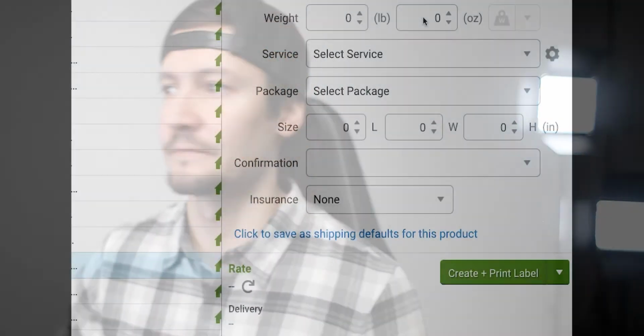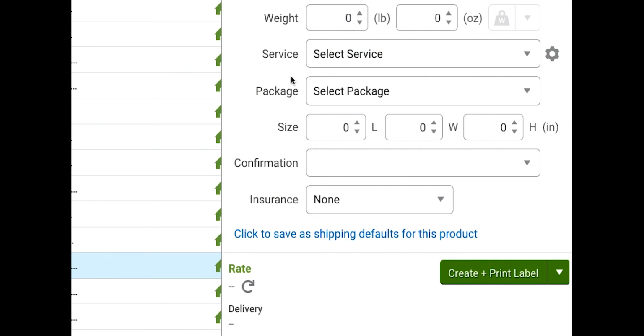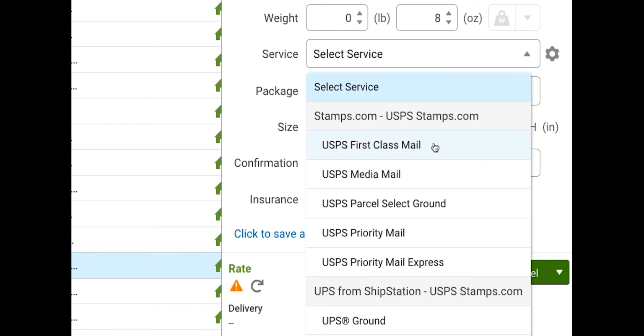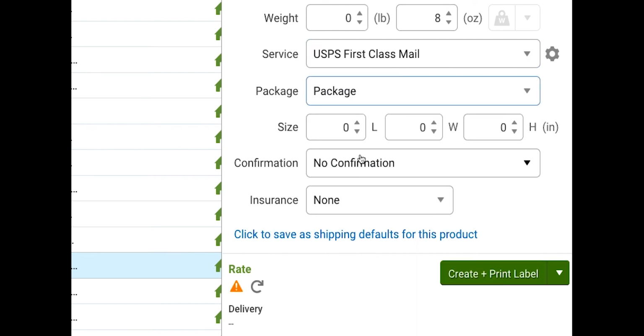So now let's jump onto Shipstation so we can look at how the weight impacts your shipping cost. Here we are on Shipstation. Let's run a few simulations to see how weight, service, package, all this affects my final rate. So let's put a weight of 8 ounces and I'm using first class mail and it's a package.